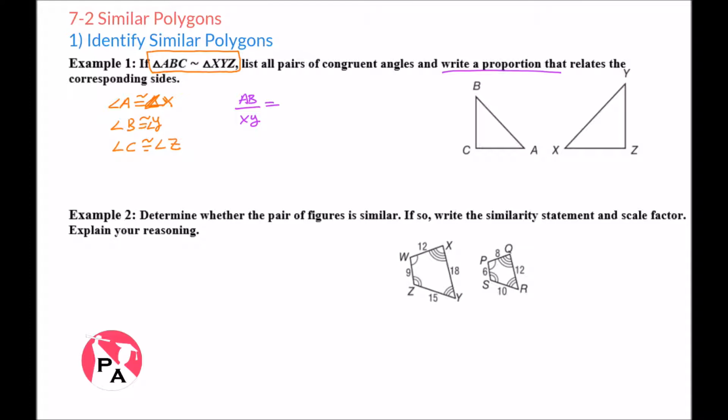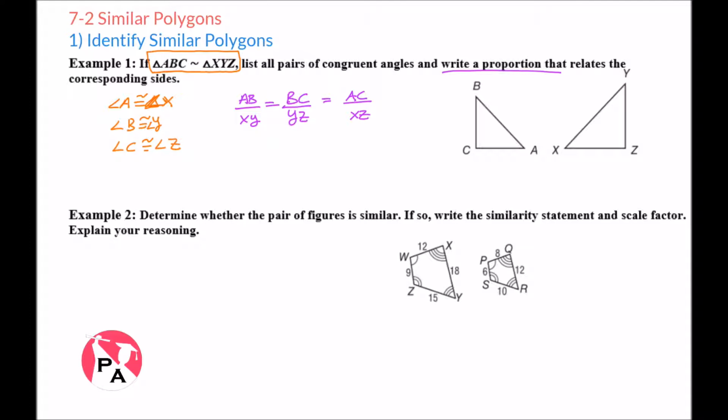Also make another side, BC, for example, side BC over YZ, and also AC over XZ. So I want to go over this again. B and C are the second and third letters, and Y and Z are the second and third letters.